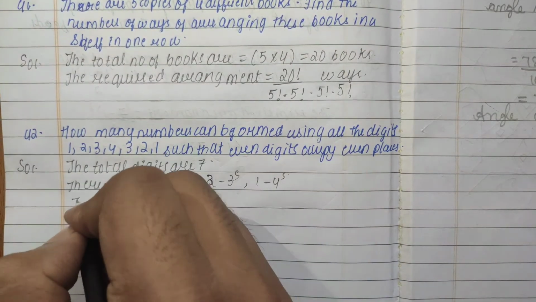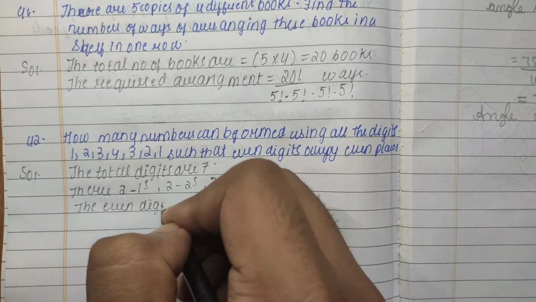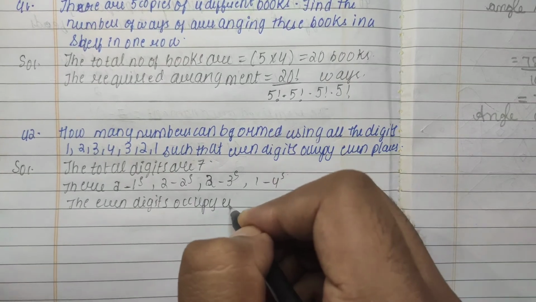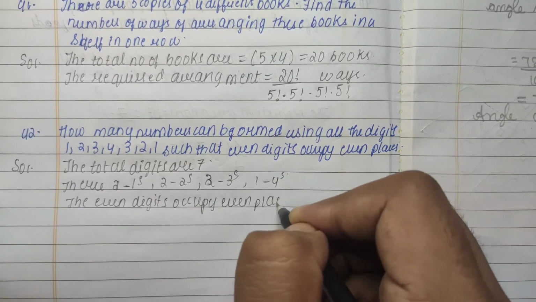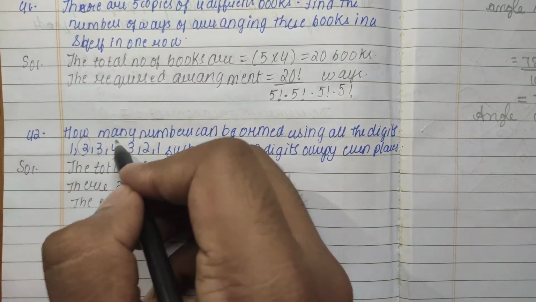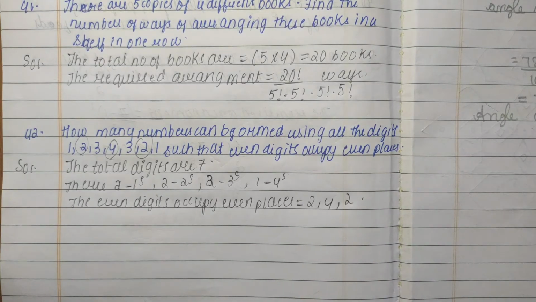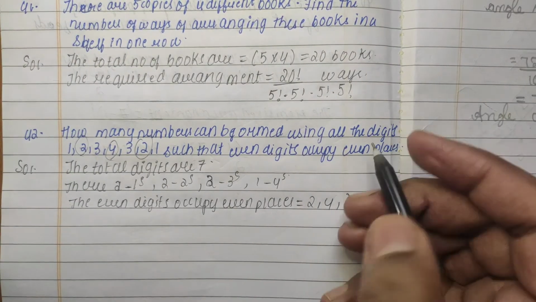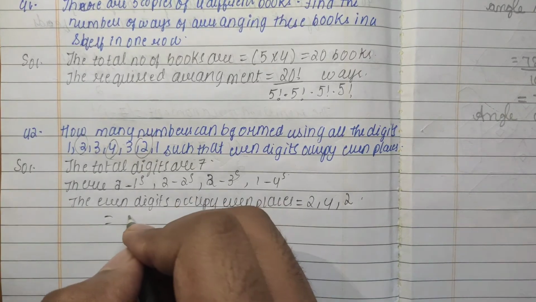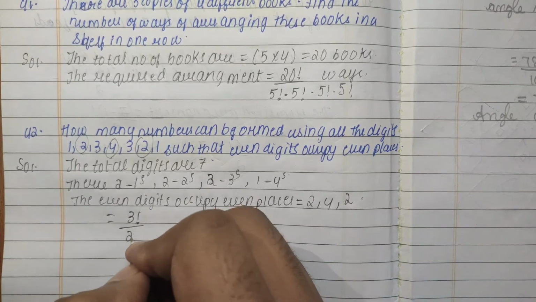So the even digits occupy even places, which means that even digits are 2, 4, 2. So the arrangement of these, total number of terms is 3 factorial by common, that is 2 factorial ways.